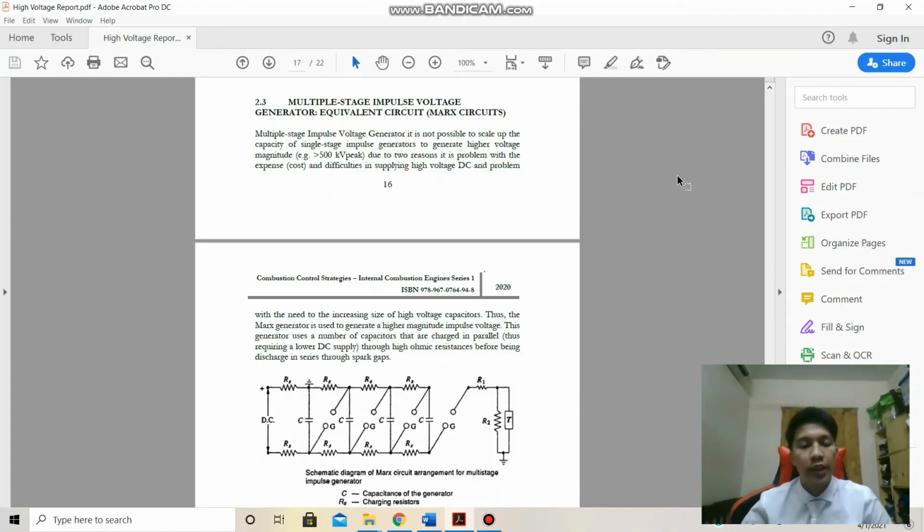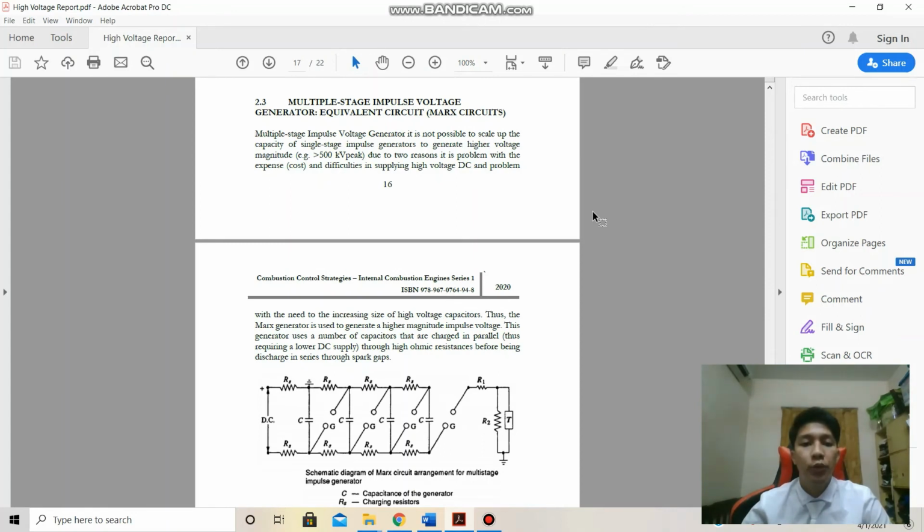Okay. Next is the multiple stage impulse voltage generator equivalent circuit, the Marx circuit. For a multiple stage impulse voltage generator, it is not possible to scale up the capacity of a single stage impulse generator to generate a high voltage magnitude, for example 500 kVp, due to two reasons.